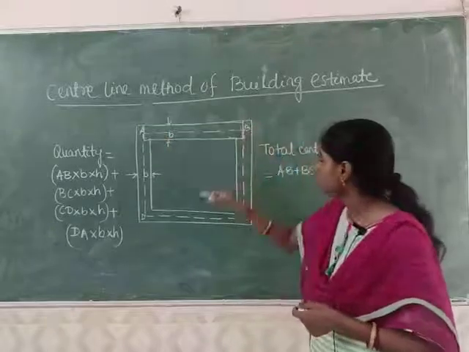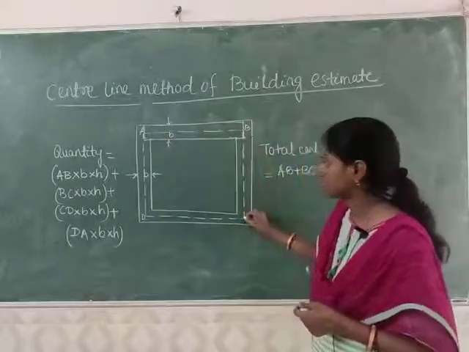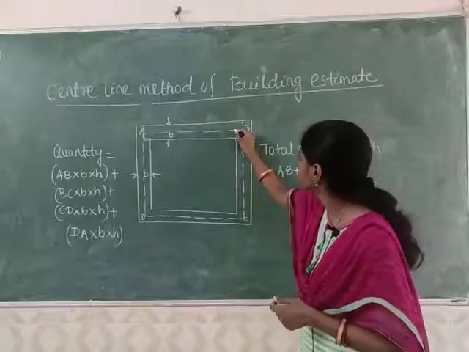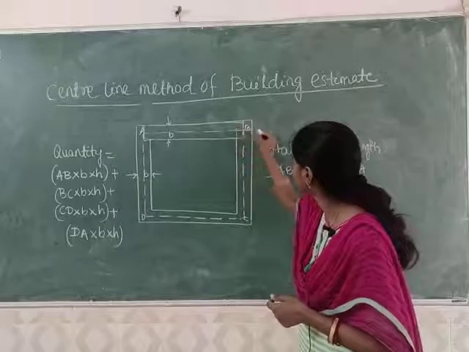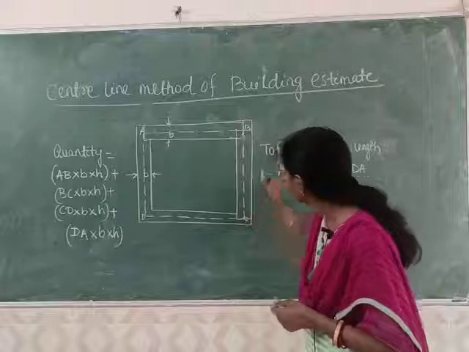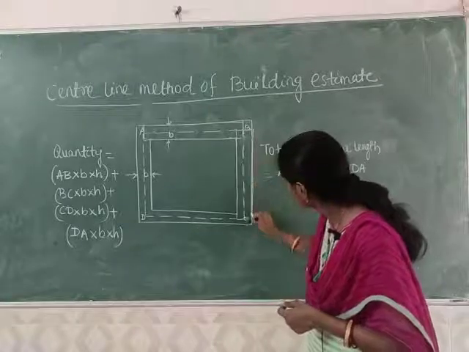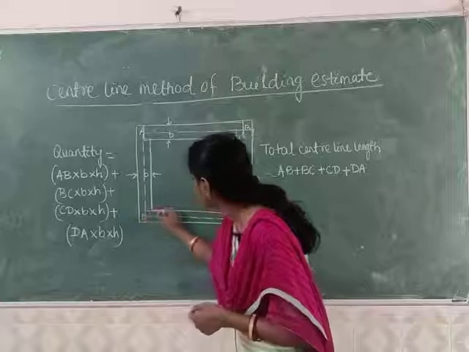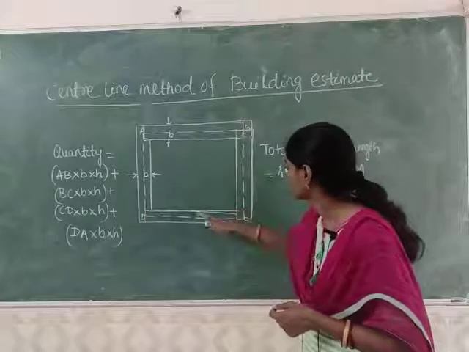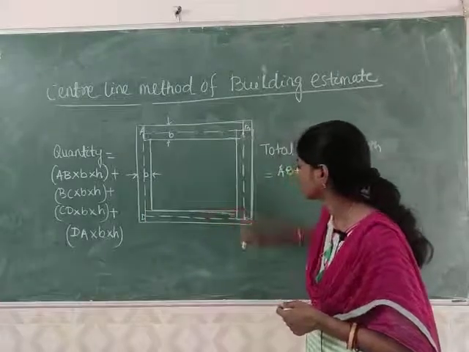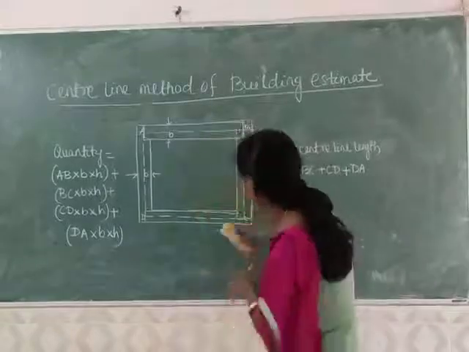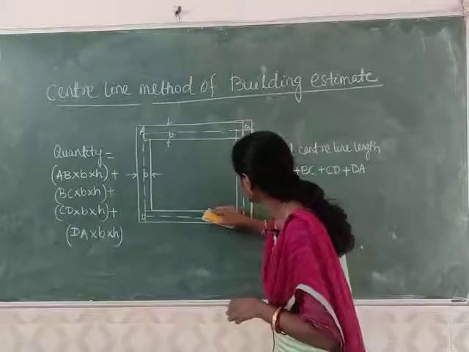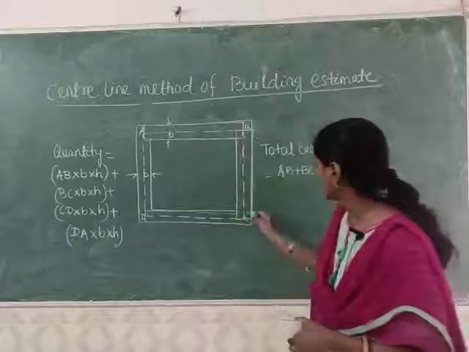Then next, from B to C, BC into B into H. While considering BC, we covered this portion, then CD.